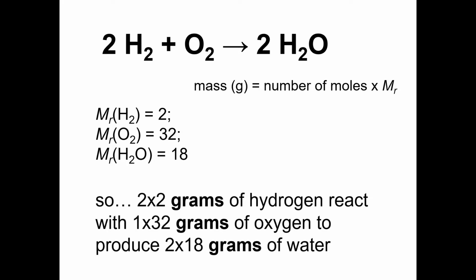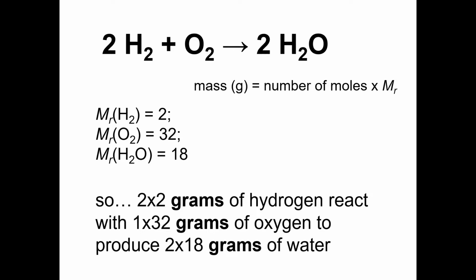We can use our equation to work out the mass. There are 2 moles of hydrogen, and each mole has a mass, each molecule has a mass of 2. There are 2 times 2 grams of hydrogen reacting with 1 times 32 grams of oxygen to produce 2 times 18 grams of water.